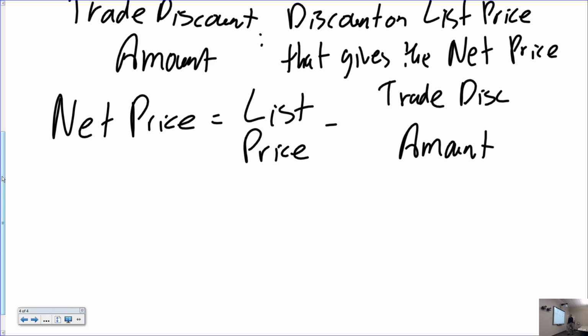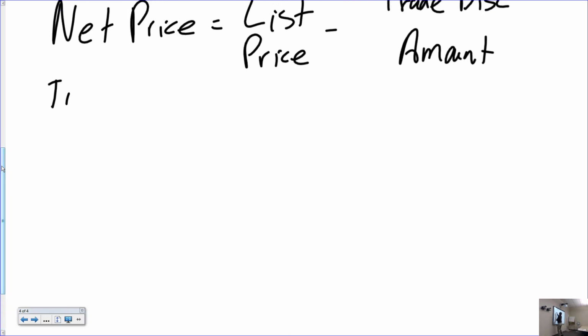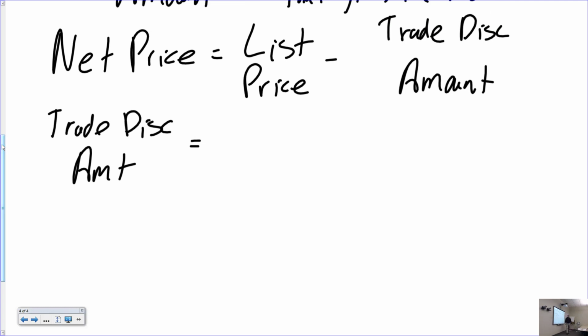All right, and then remember that we sort of ended it at the very end the last time with this quick little calculation that we use when you go to negotiate what your trade discount amount is. Again, remember the amount is technically negotiated. You do not negotiate the amount. What you negotiate is the rate, the percent discount that you get, right?